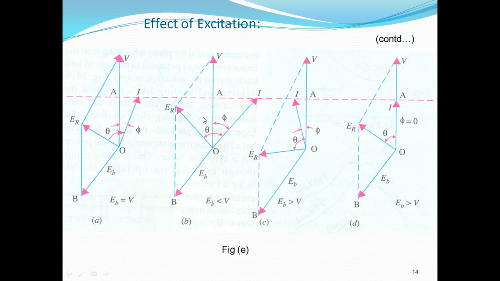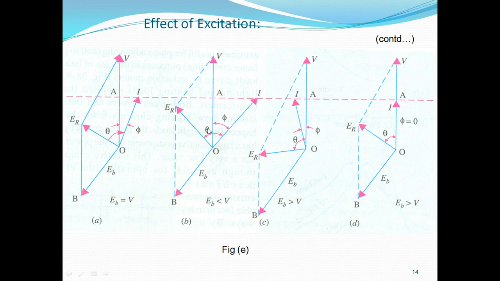When ER is pulled, theta is constant. Why is theta constant? Because it is the internal angle and depends on circuit parameters, that is armature resistance and synchronous reactance, where theta is equal to tan inverse of XS by RA.